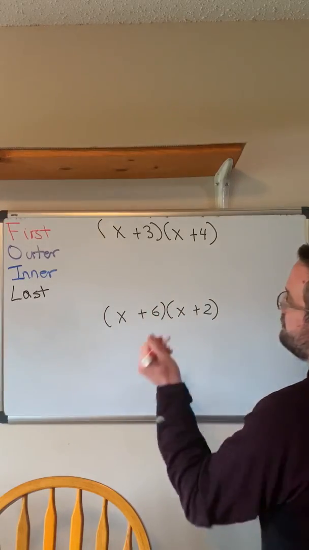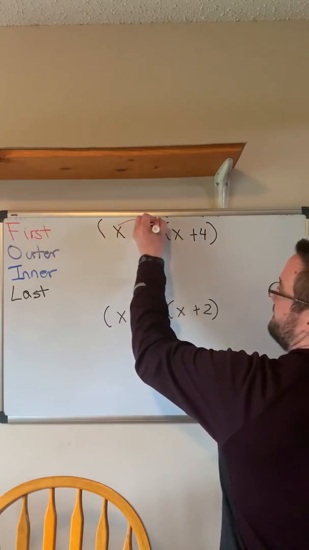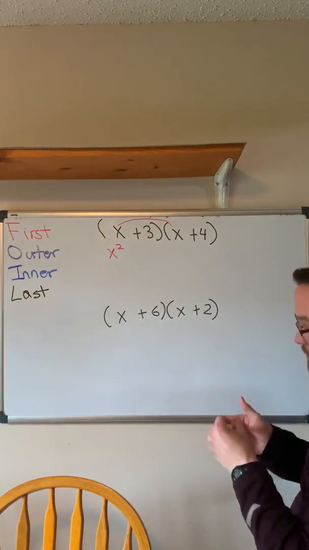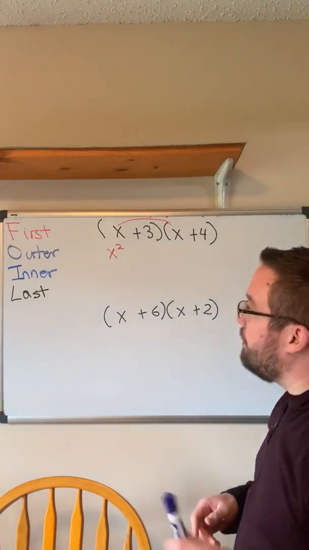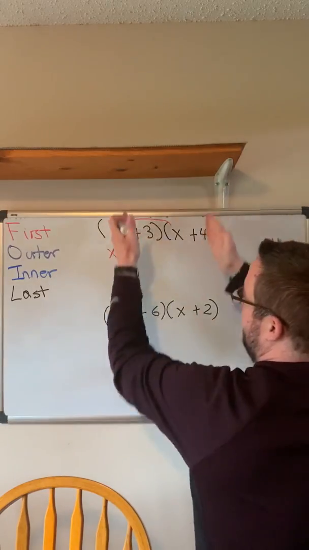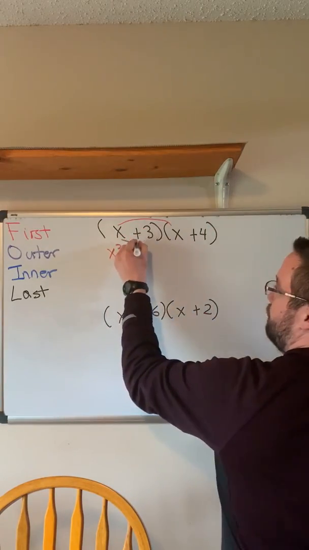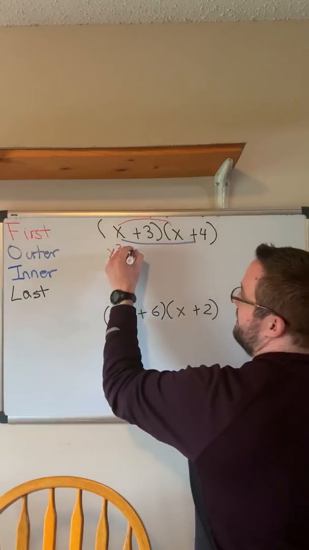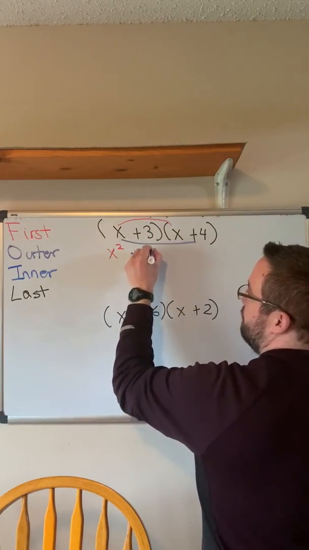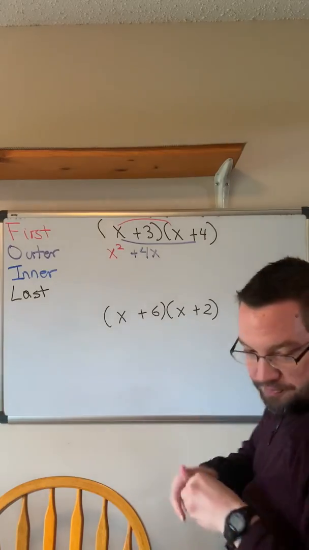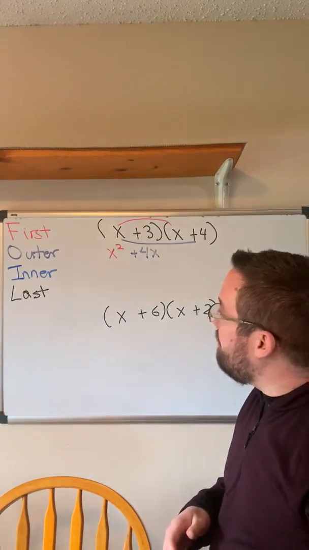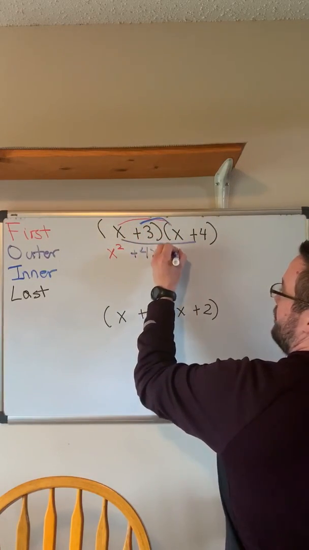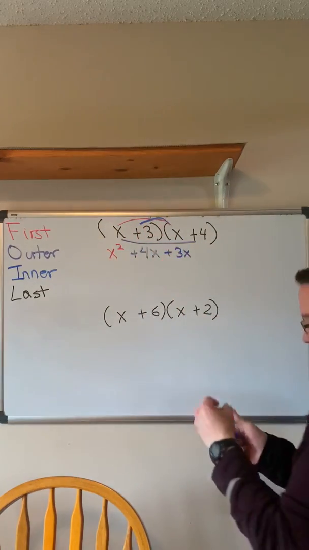Our first terms are going to be the x times x, which is going to be x squared. Up next, I've got my outside terms. These are going to be these guys right here. I go 4 times x, and again, I've got a positive, and that's going to give me 4x. Up next, I've got my inside terms. That's 3 times x, which is going to be 3x.